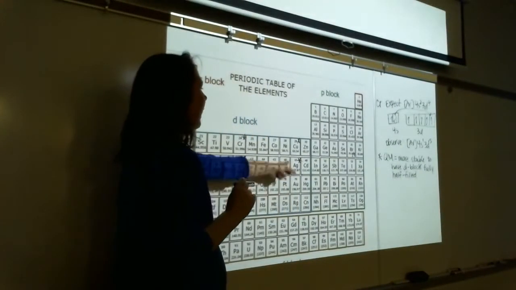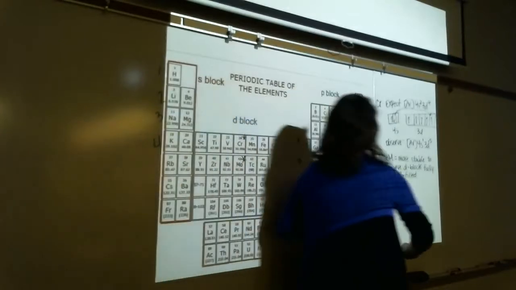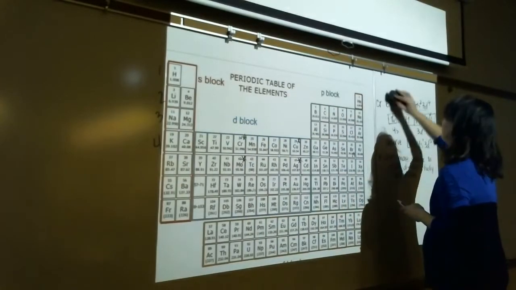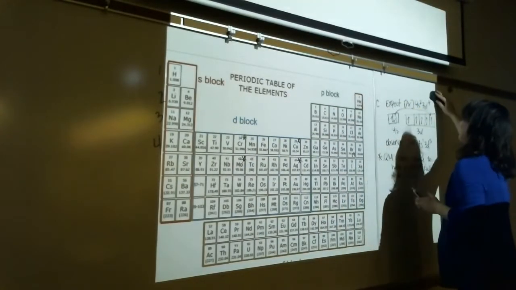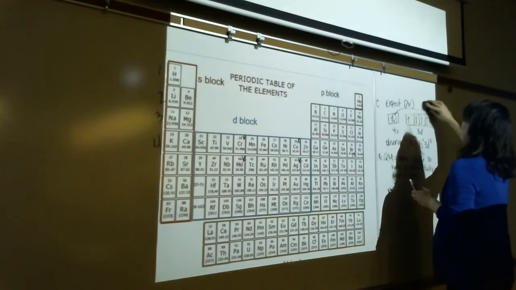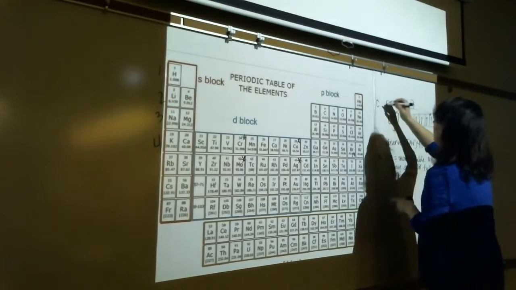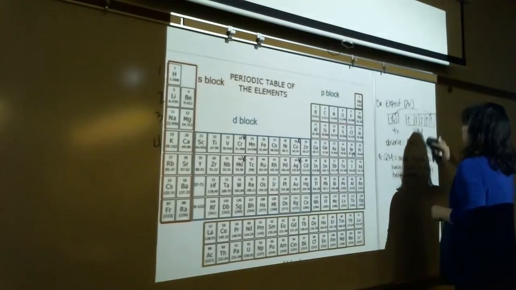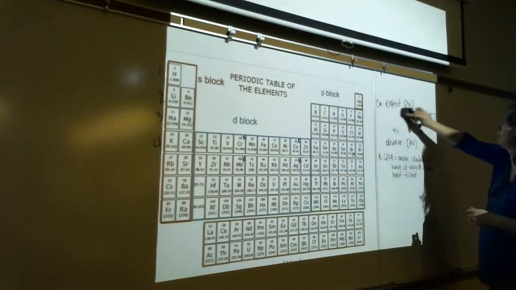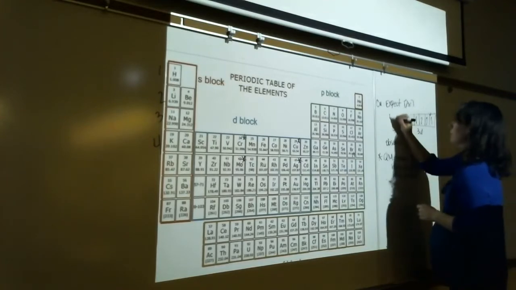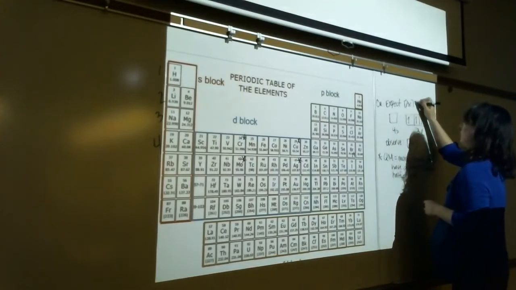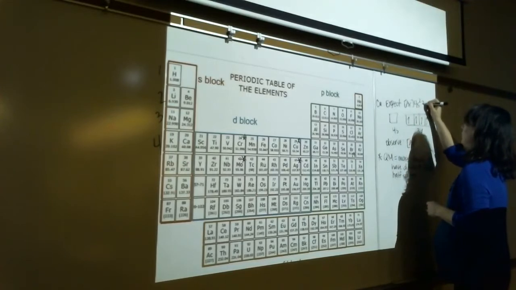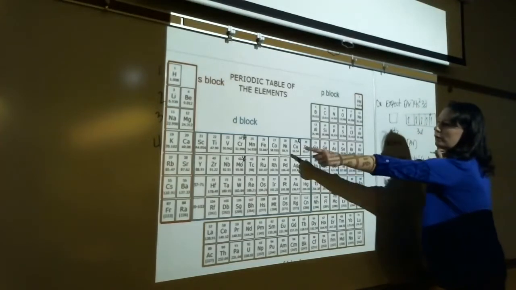So what do you think the case is going to be with copper? Here's Cu. Copper's got 4s2, 3d, 1, 2, 3, 4, 5, 6, 7, 8, 9.